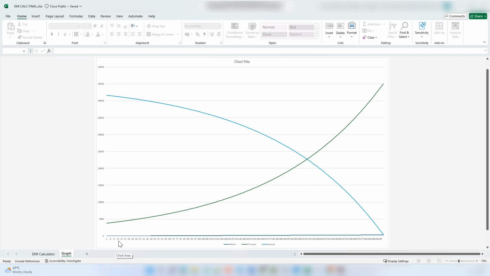As the loan tenure increases, the principal payment would be increasing and the loan interest would be decreasing. So you can see the banks would collect the major portion of the interest mainly in the first half of the loan tenure.